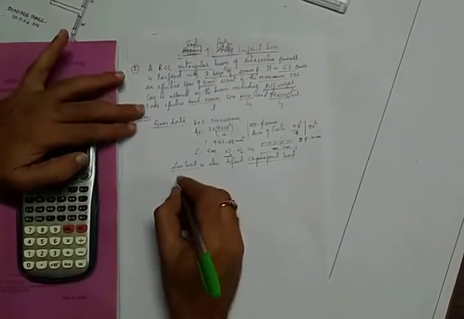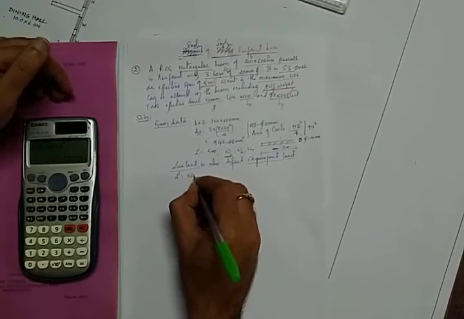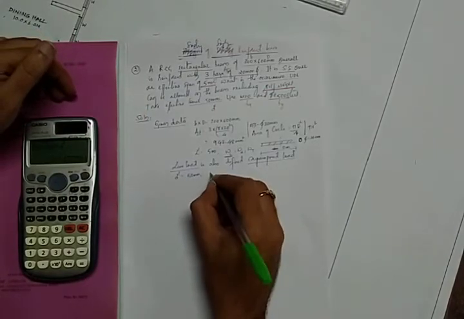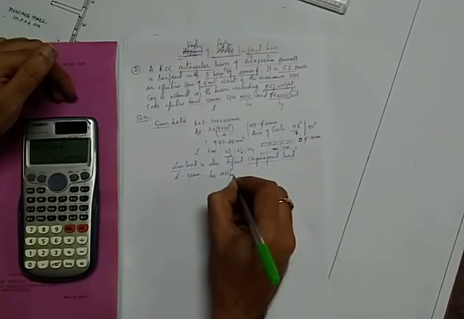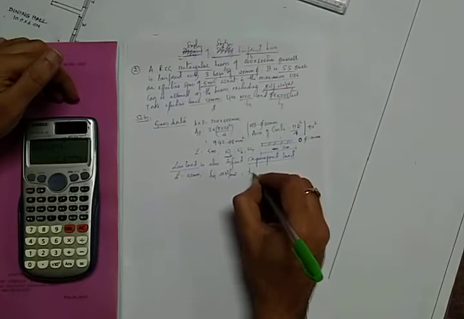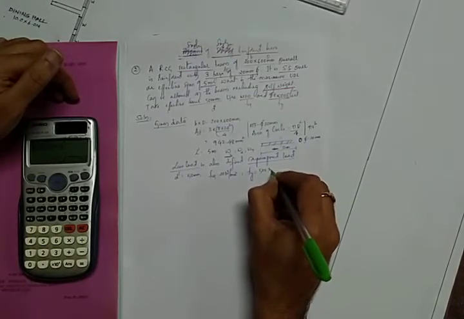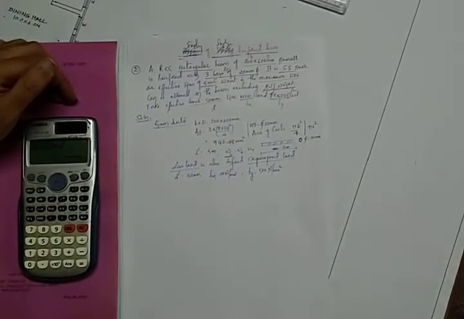Apart from this, effective cover is given, d dash is equal to 50 mm, and fck is also given, 20 Newton per mm square. Don't forget to write units, it's also important. And fy is 500 Newton per mm square.